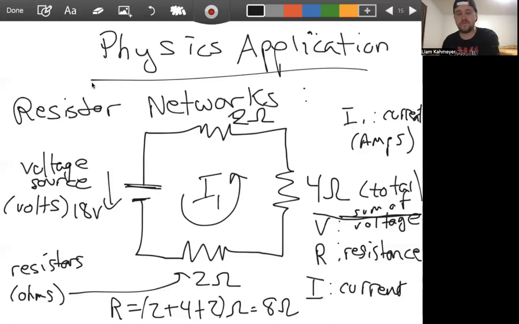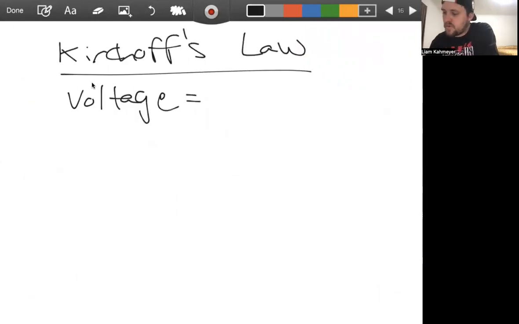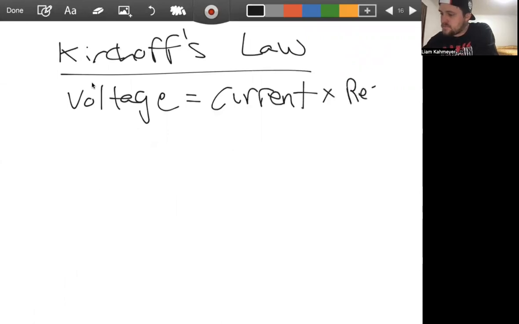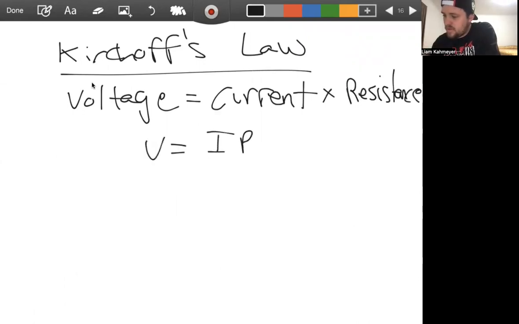But when I say the voltage or the resistance or the current, I mean the sum of the entire network, right? So voltage is equal to current times resistance. In our variables, this is V equals IR.